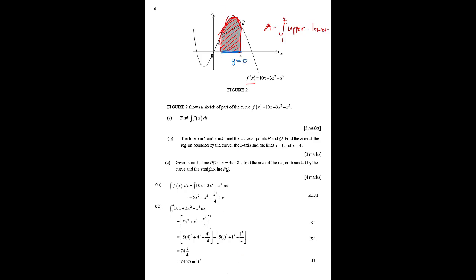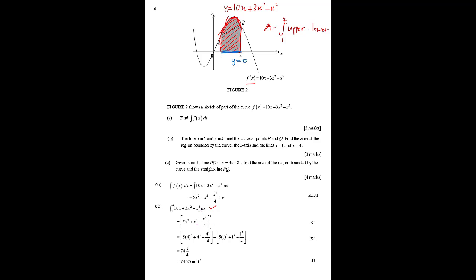For the upper function, your y is equal to f(x), which is 10x plus 3x squared minus x squared. Since it is upper minus lower, you will get this expression for area, to find the area.